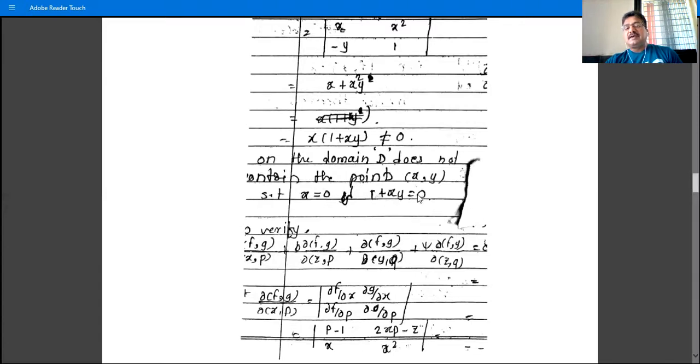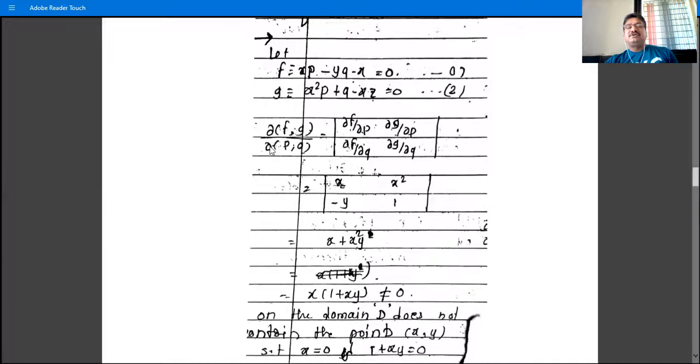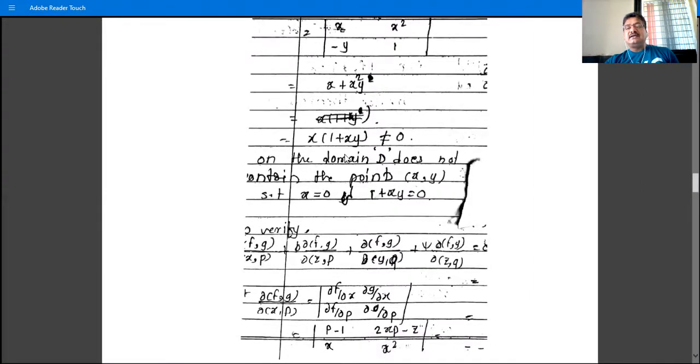Except these points, D is the domain on which the Jacobian is not equal to 0. So no need to write this directly, write this is not equal to 0 if x is not equal to 0 and 1 plus xy is not equal to 0. Okay, so except that point.